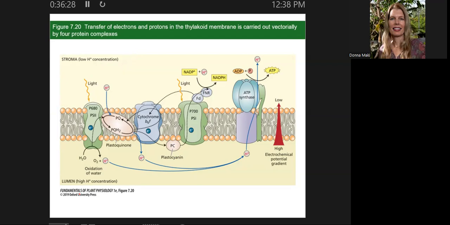They're using black dotted lines for electron flow, and the blue swoopy lines here for proton movement. What you see here is they are showing water when it associates with photosystem 2.